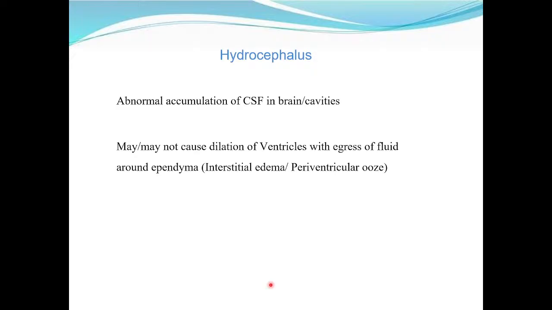What is hydrocephalus? It is an abnormal accumulation of CSF in the brain and its cavities. It may or may not cause dilatation of the ventricle, with egress of fluid around the ependyma. This is a type of brain edema, interstitial edema.